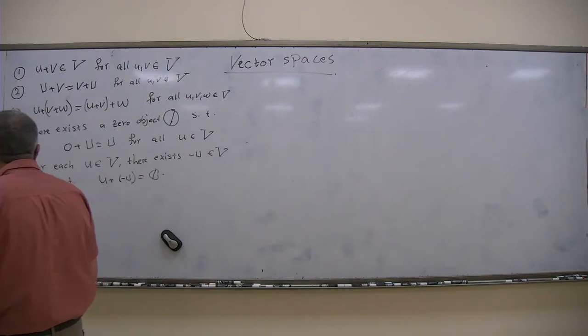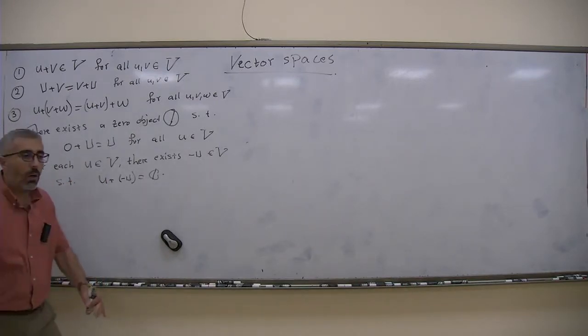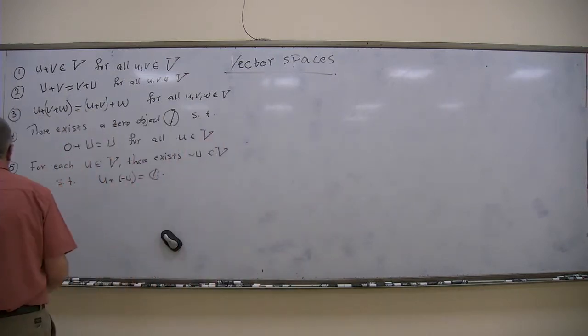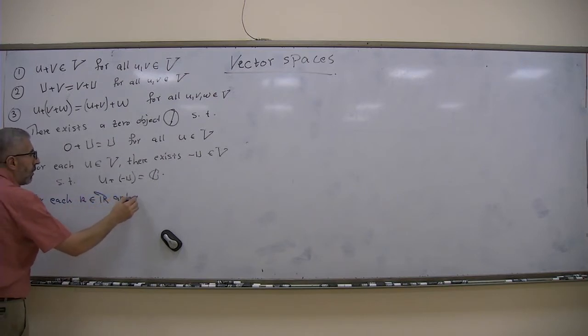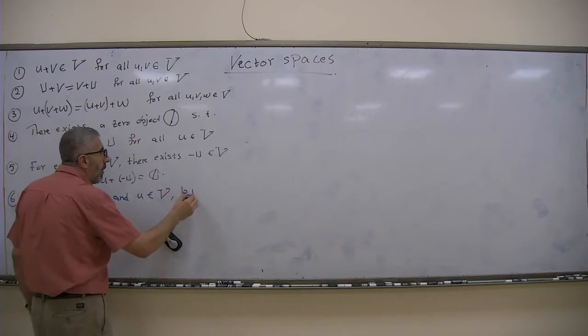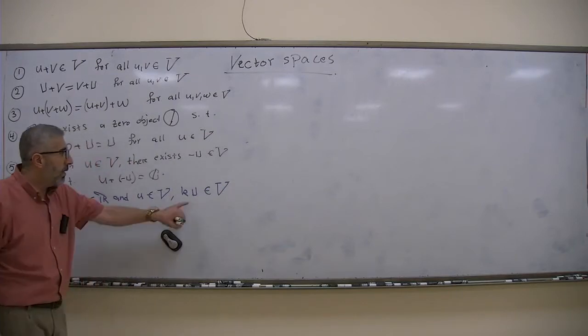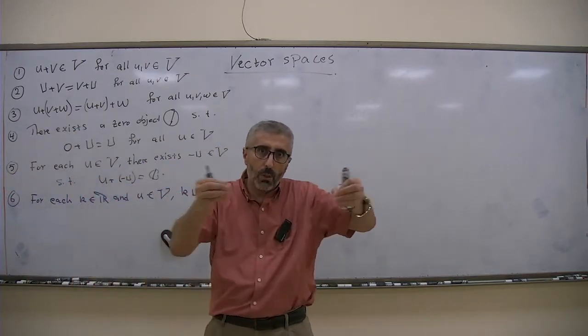All right, now, number 6. We are going to focus now on the scalars when you multiply them by the vectors. So here, for each k in R and u in V, we must have ku belongs to V. And you know, when you have a vector and you multiply that by a scalar, it is like you stretch it or you shrink it, correct?